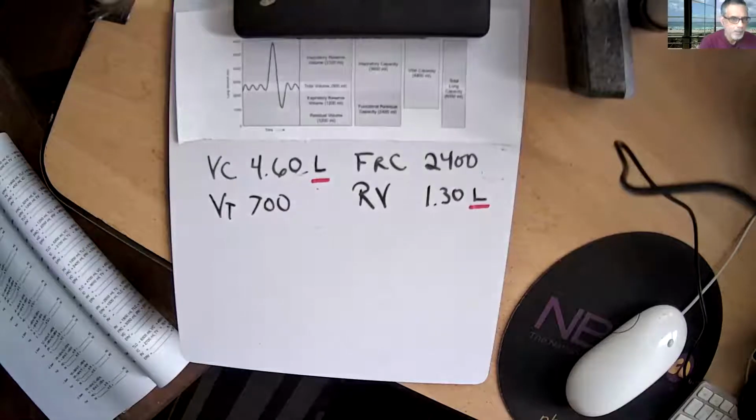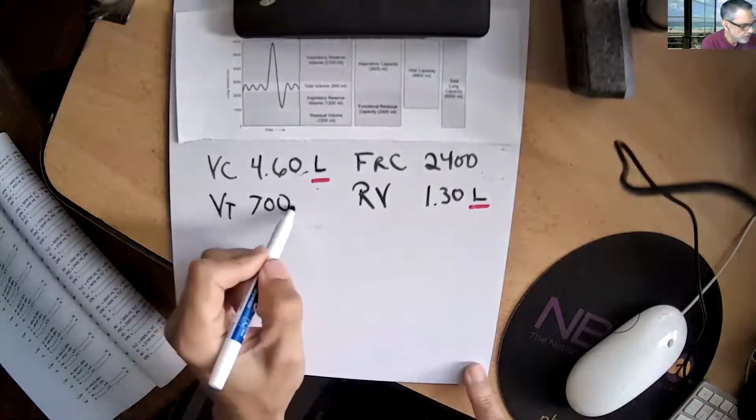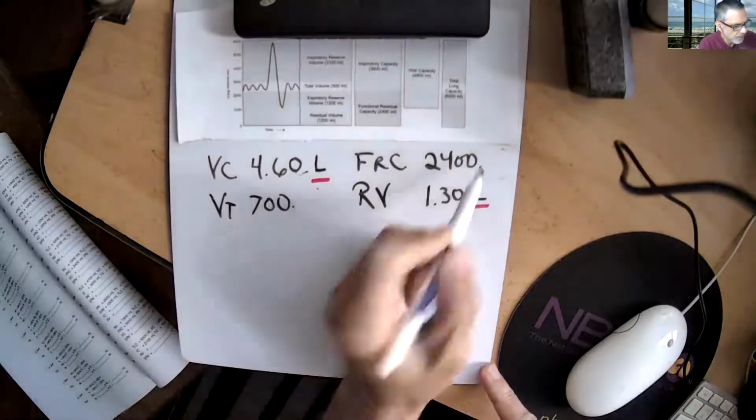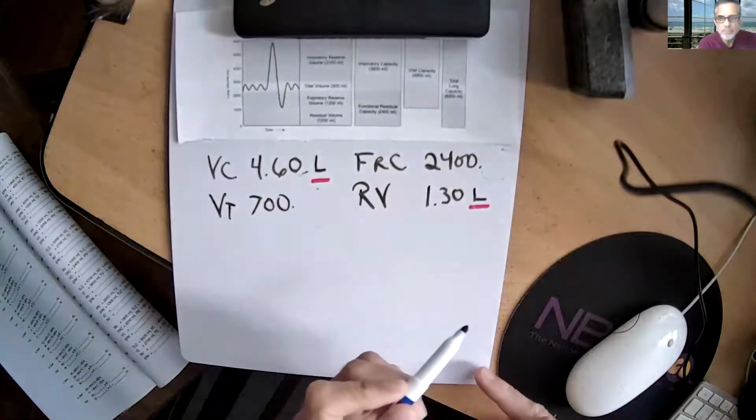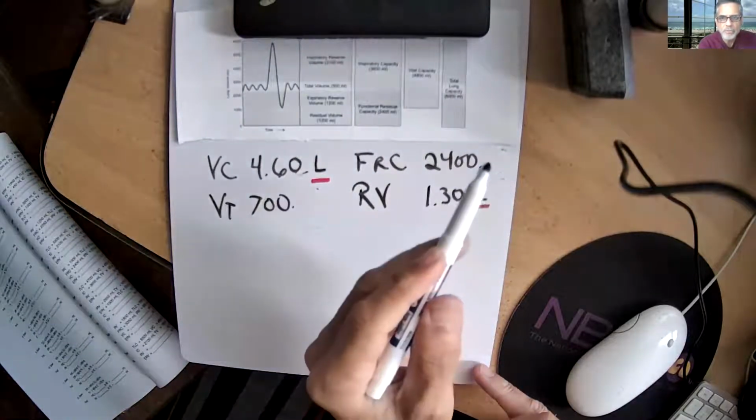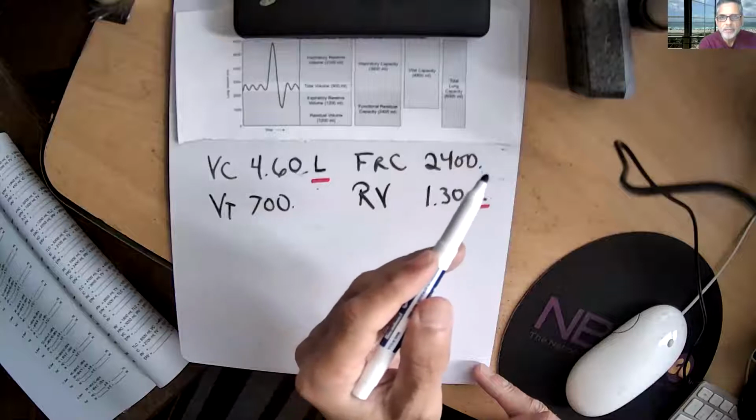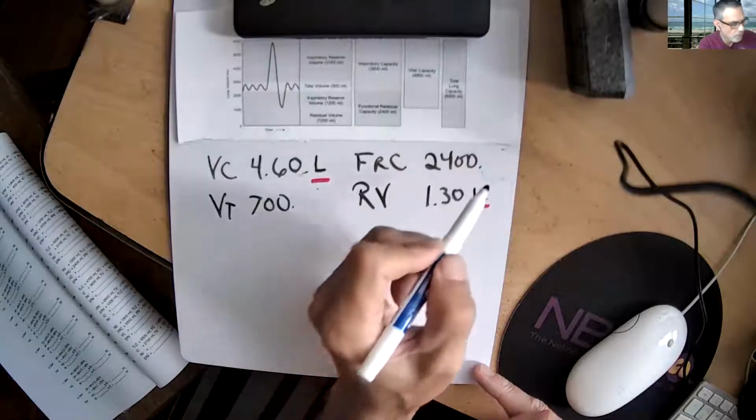To switch from milliliters to liters, I move my decimal point over 3, for 1,000.